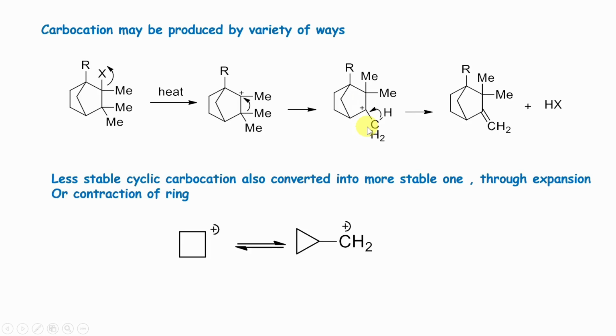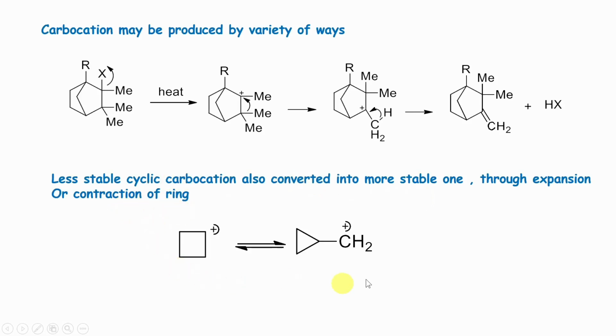From this new carbocation, as in the previous case, a proton is eliminated, forming a double bond between these two carbon atoms. Thereby, this alkene is formed. And it is also a molecular rearrangement called Wagner-Meerwein rearrangement. Usually, a less stable cyclic carbocation is converted into a more stable one through an expansion or contraction reaction.